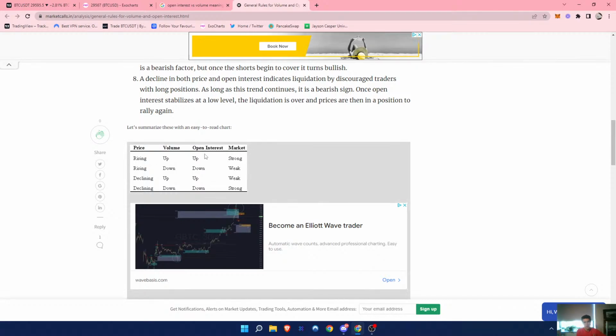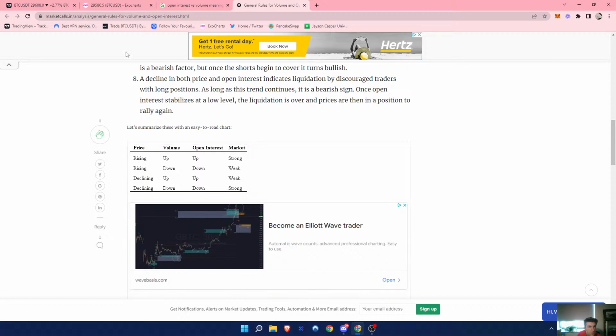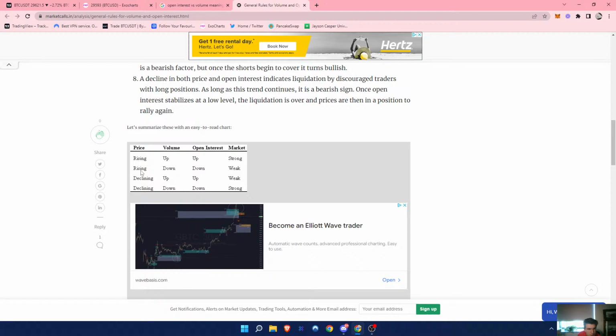volume and OI, relate the two to price. Really, they go hand in hand, volume and OI, but when price is rising, you want to see volume increasing and open interest increasing. That means a strong increase. So when they are going together with price, strong increase, money flow is coming into the asset. And when price is rising and you see volume going down and OI going down, that means weak, money flowing out of the asset.